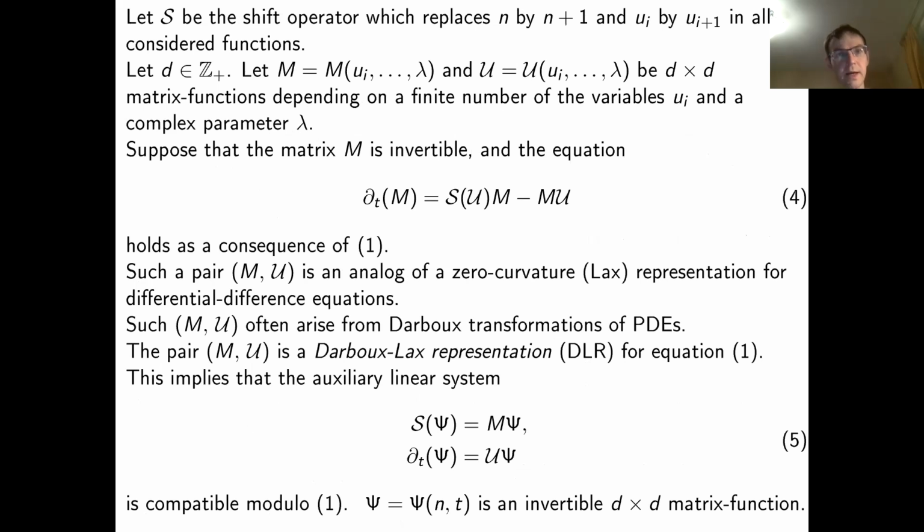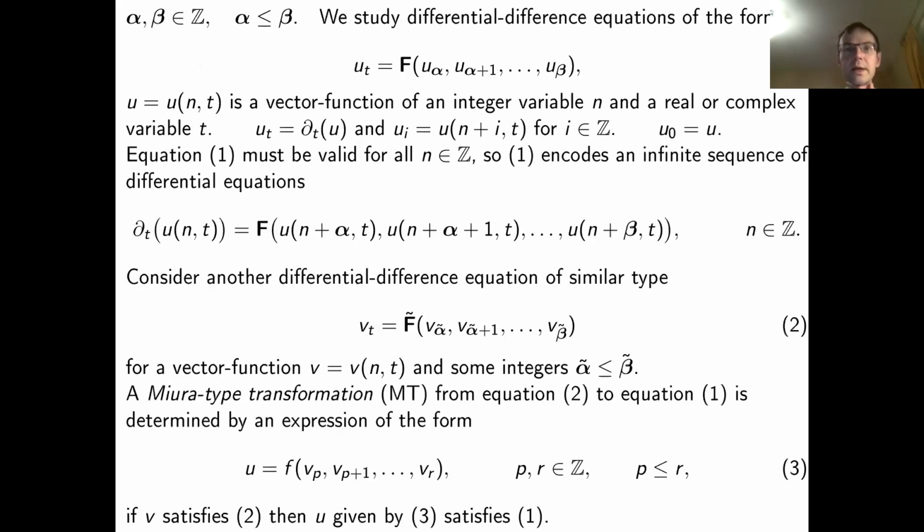Now, look, what changes? Now we have a function of n and t, where n is a discrete integer variable. So there is no x. t is still here, but there is no x.